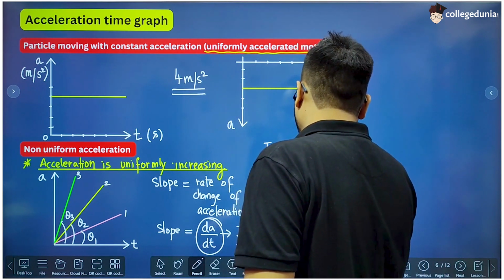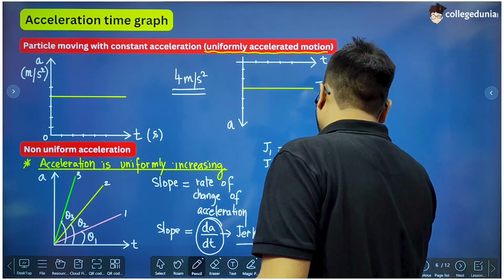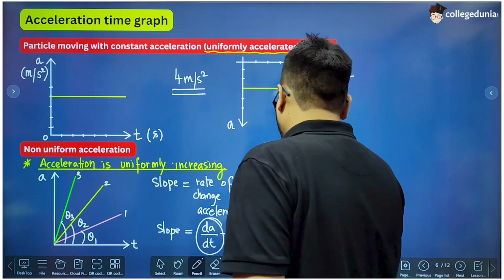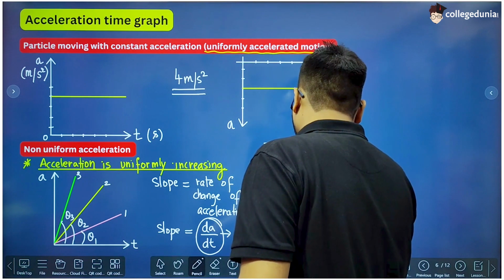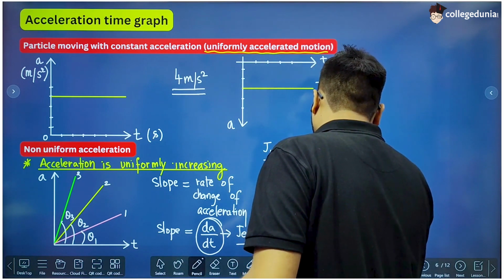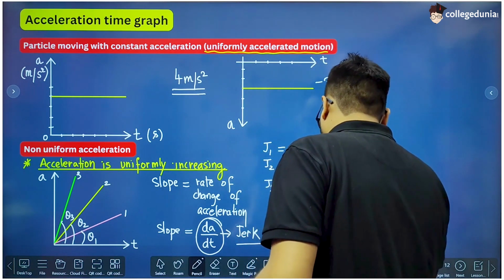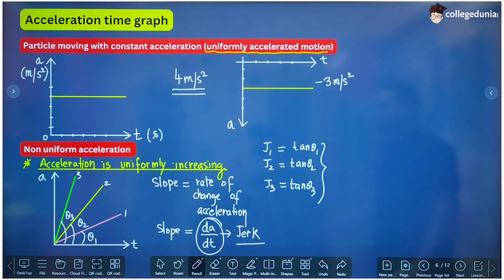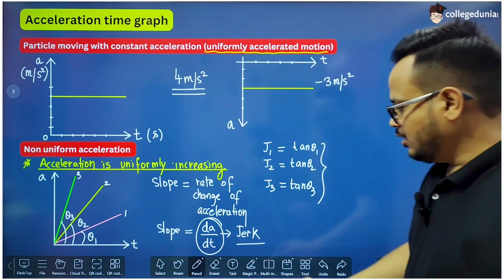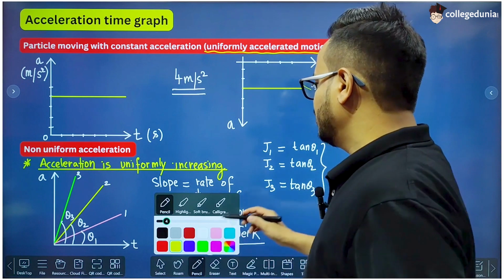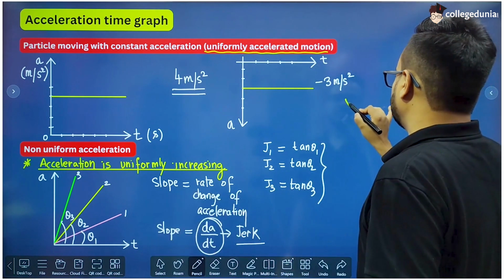J2 will be tan theta 2, and J3 is tan theta 3, because these are the slopes of these graphs, right? And what happens when the acceleration is uniformly decreasing?